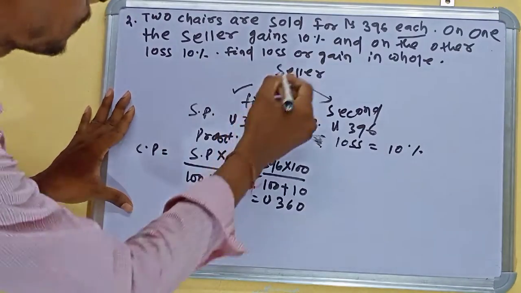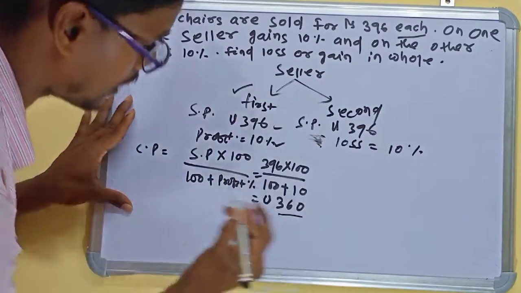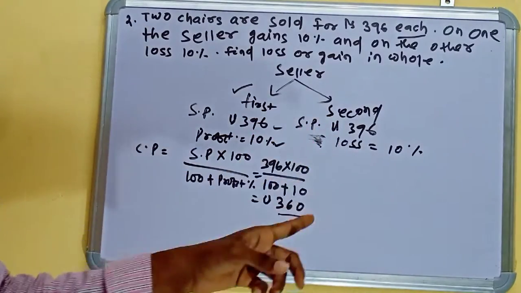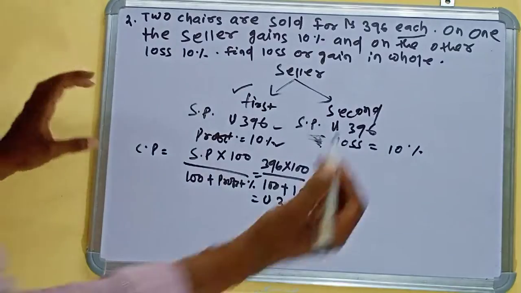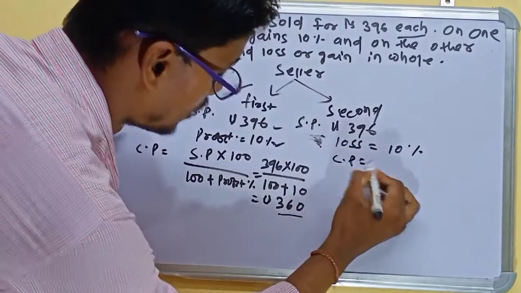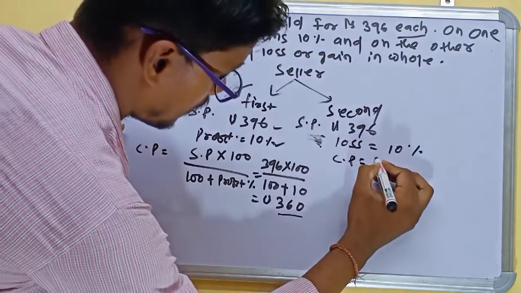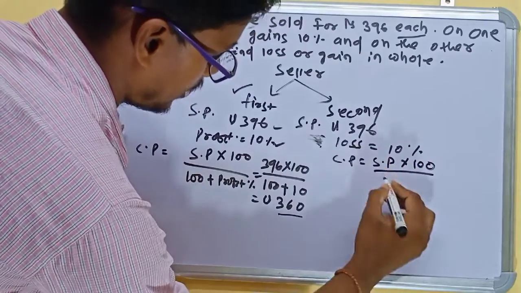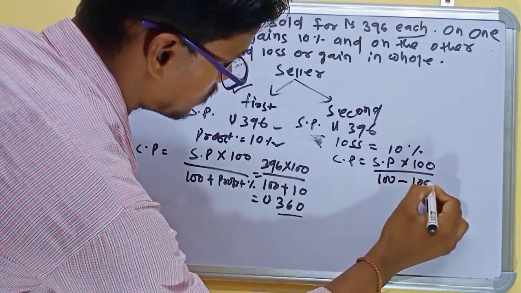The CP of the first chair is equal to 360. Then next we calculate the CP of the second chair. CP is SP into 100 divided by 100 minus loss percentage.